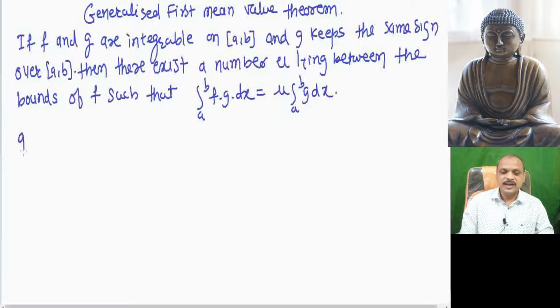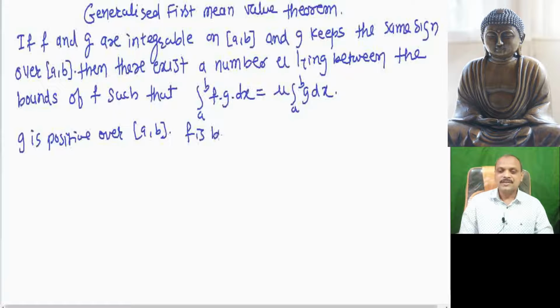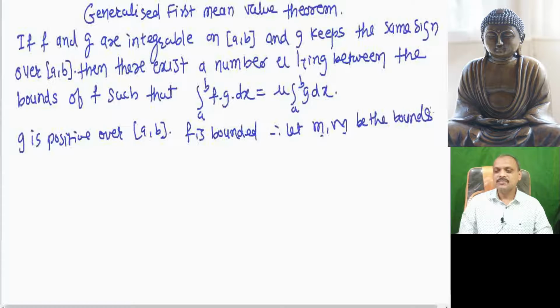So first we take that g is positive over the closed interval [a, b], and what is given is that f is bounded. Therefore, let small m and capital M be the infimum and supremum bounds of f over the closed interval [a, b].